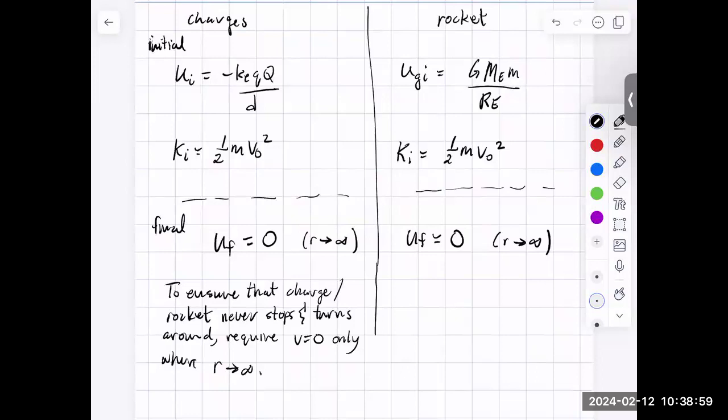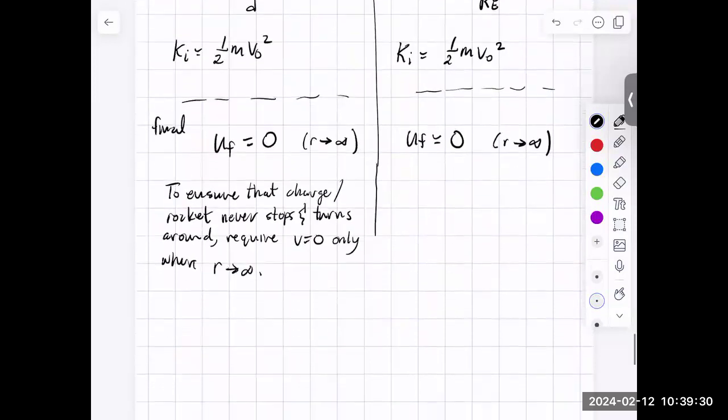If the speed became 0 before the distance was infinitely far away, there's still going to be some kind of attraction between the objects, and it'll start accelerating back towards its original position. So we don't want that. If I'm looking for the minimum possible escape velocity, I want the rocket to slowly come to a stop only when it's an infinite distance away.